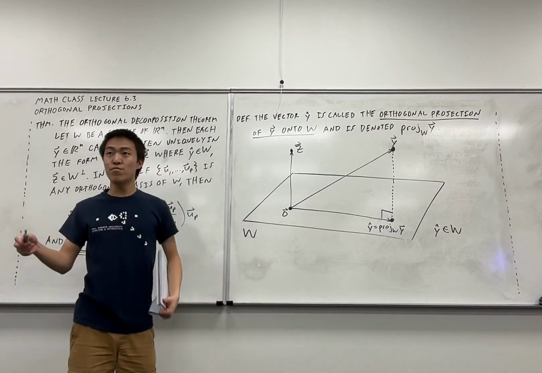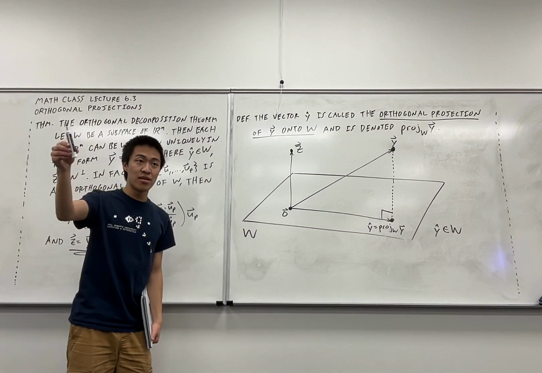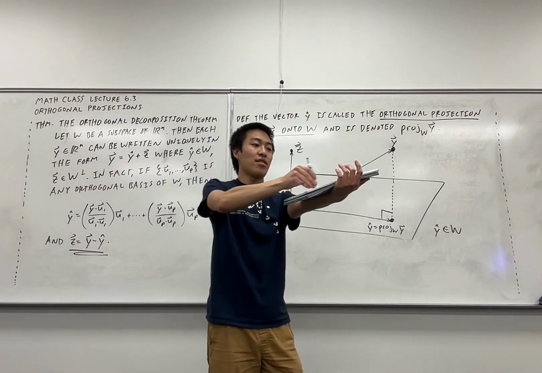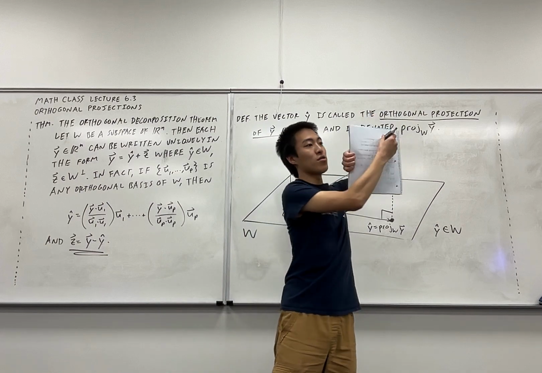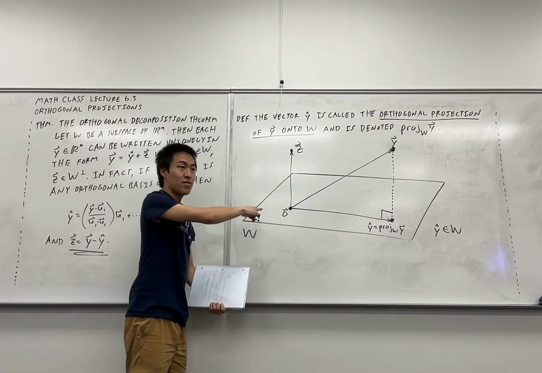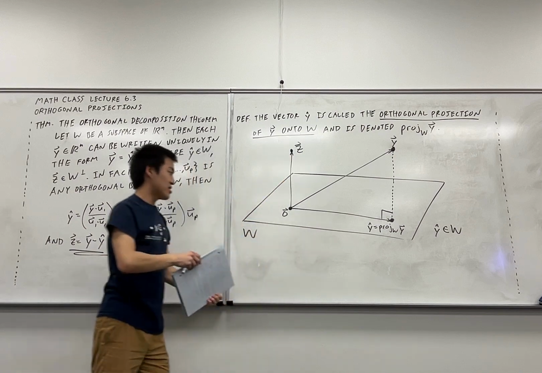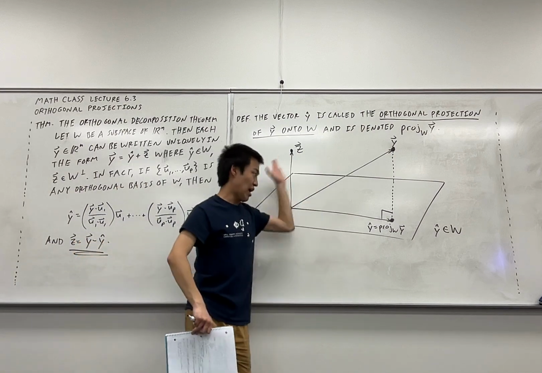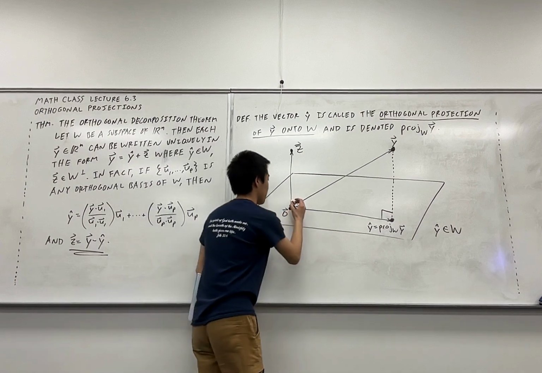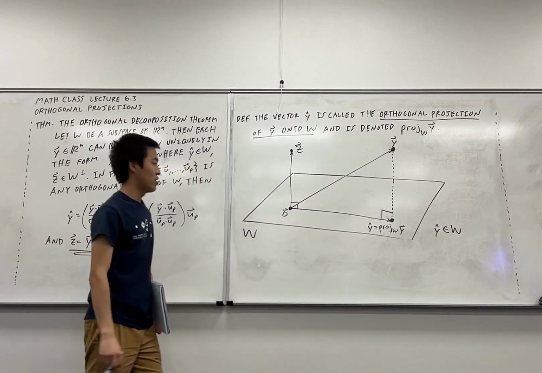In Calc 3, remember when I had you put your pen on your notebook and said, no matter where I slide this around on that notebook, it's always orthogonal to anything that lies on the notebook. In a very similar sense here, that's what we mean by Z is in W perp. It happens to be exactly and definitionally perpendicular to W.